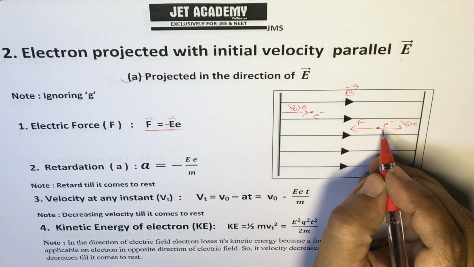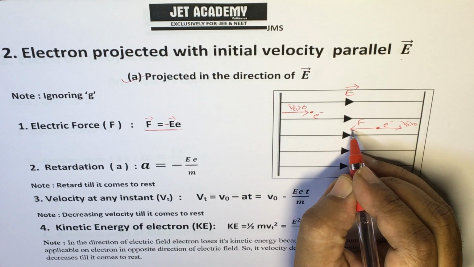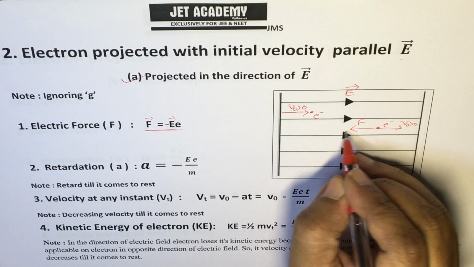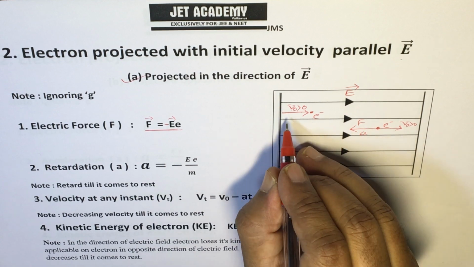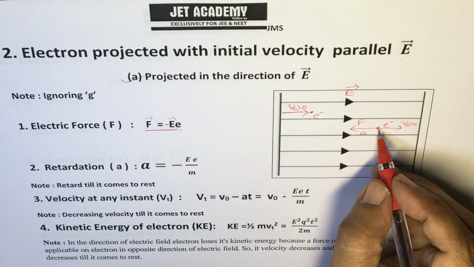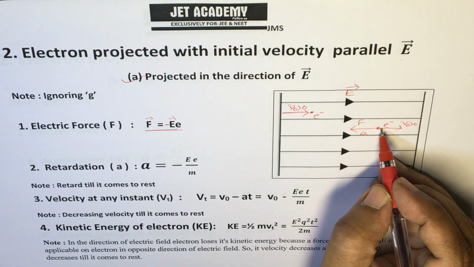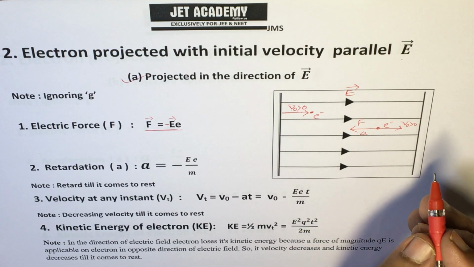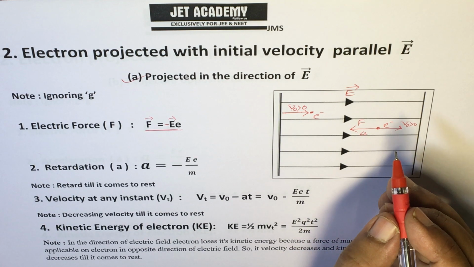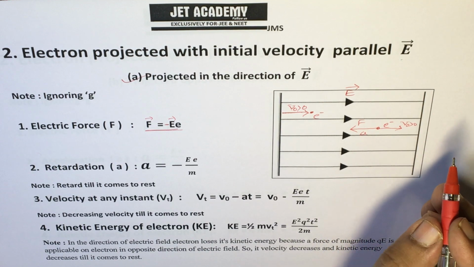The acceleration is in the direction of the force, but the object is initially given an initial velocity, and automatically the velocity goes on reducing as it travels. Initially if it is v, it goes on reducing to v minus delta v.